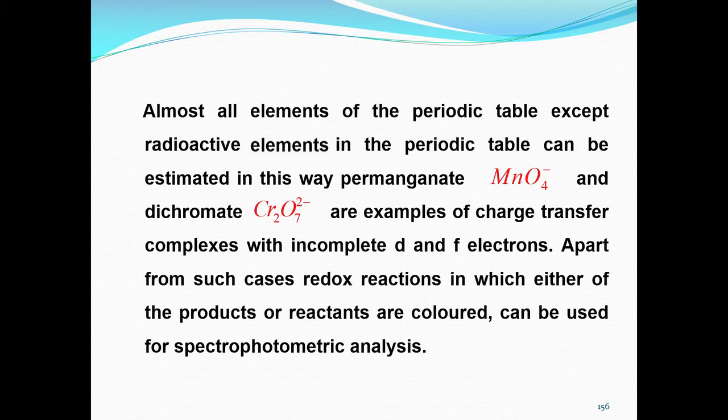Most of the charge transfer complexes have incomplete d and f electrons. Apart from such cases, redox reactions and several other kinds of reactions can produce a colored product, or they can reduce the color by forming a non-colored product. All such things can be used in spectrophotometric analysis.